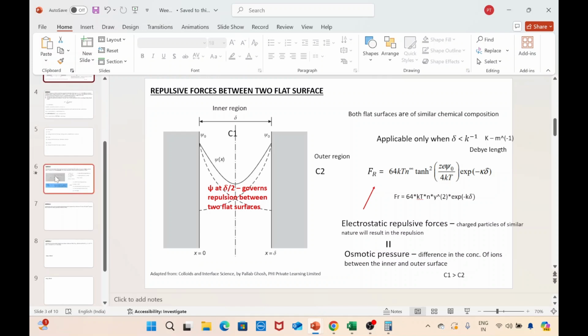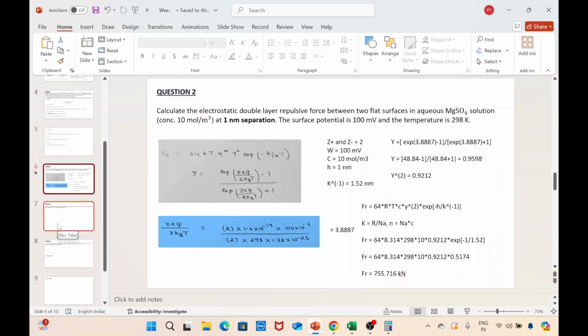Then only both the surfaces we can consider as interacting surfaces, and due to which there will be a repulsive force because of the interaction. That is the interaction present between the flat surfaces, repulsive in nature, and we can calculate what the repulsive forces acting on it are.